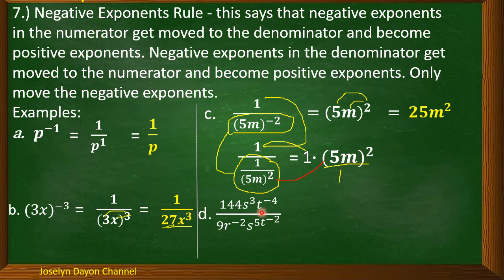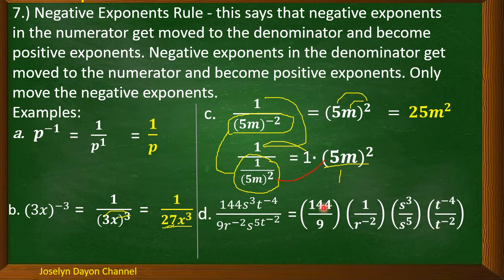144s cubed t to the power of negative 4 over 9r to the power of negative 2, s to the power of 5, t to the power of negative 2. So first, we have to divide the numbers 144 over 9, the numerical coefficient. So we have 144 divided by 9.